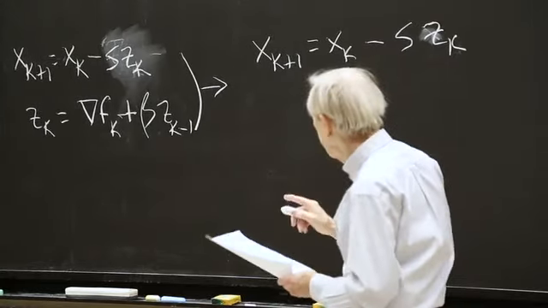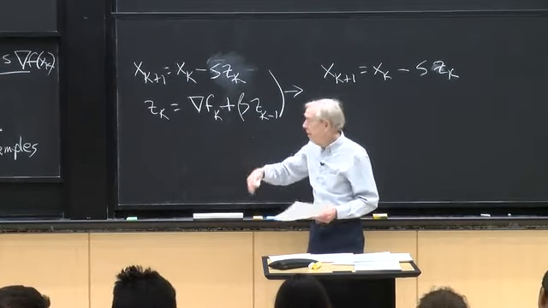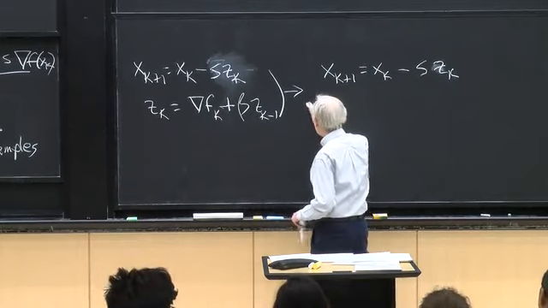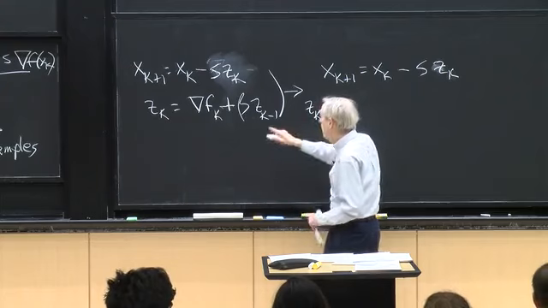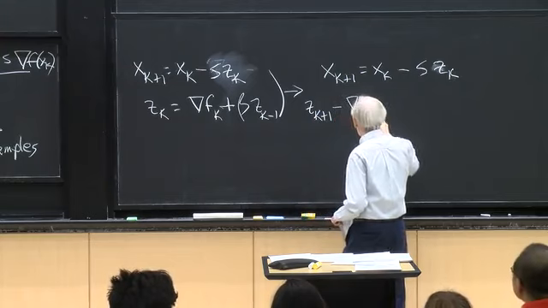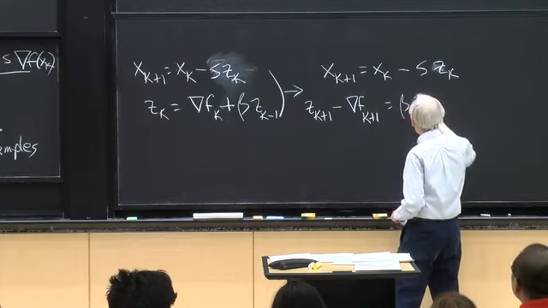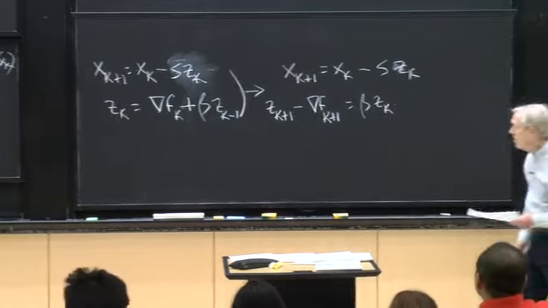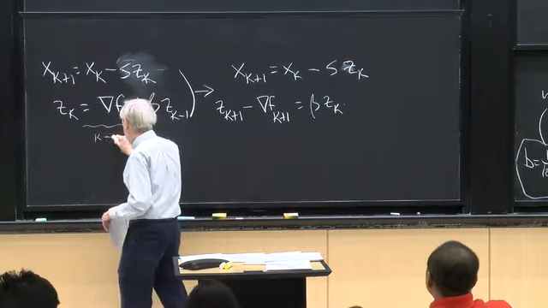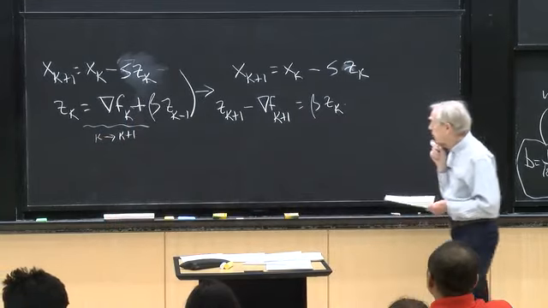Okay, so I just copied that. Now this one I'm going to increase k by 1. So in order to have that match this, I'll write that as zk plus 1, and I'll bring the k plus 1 gradient term over, equal to beta zk. Does that look good to you? In this thing, instead of looking at it at k, I went to k plus 1, and I put the k plus 1 terms on one side.